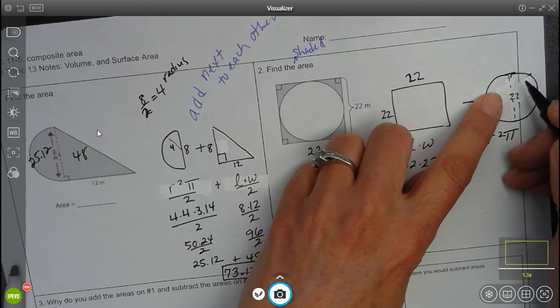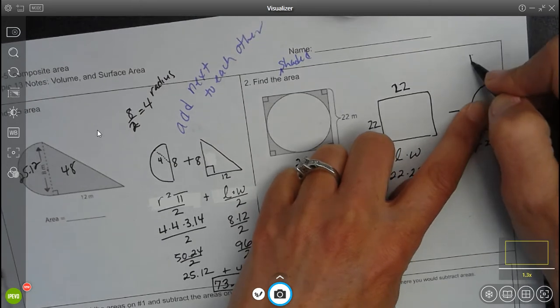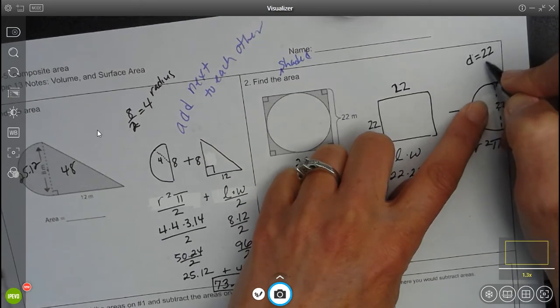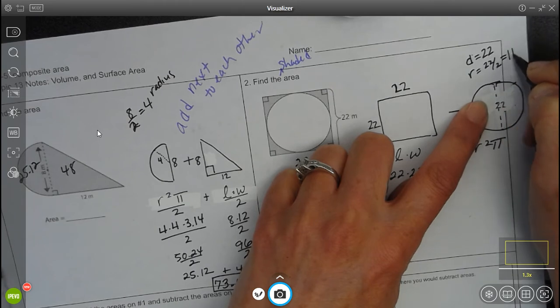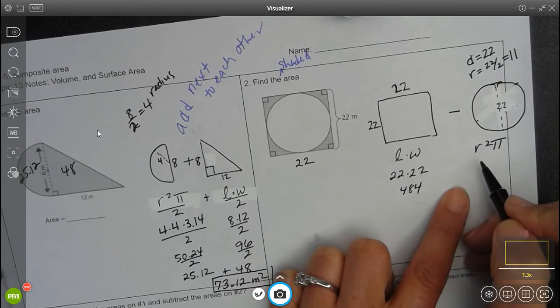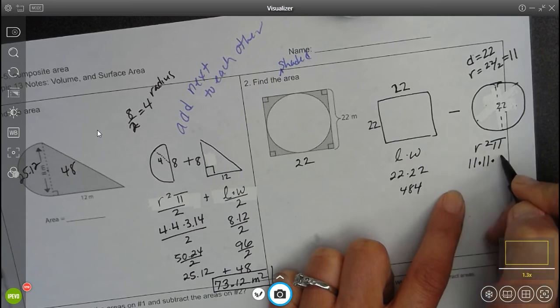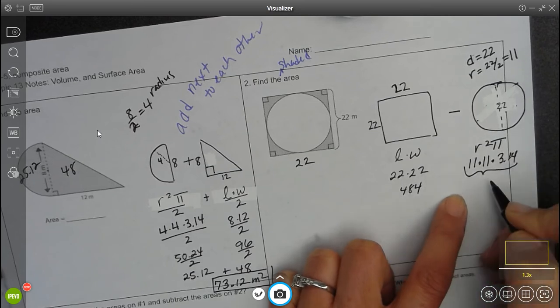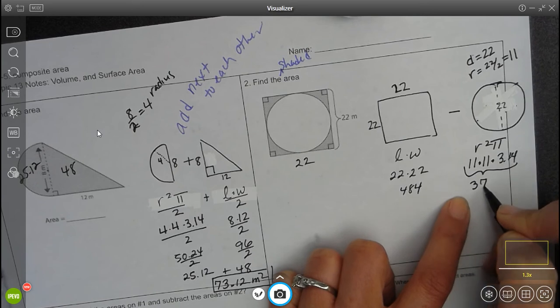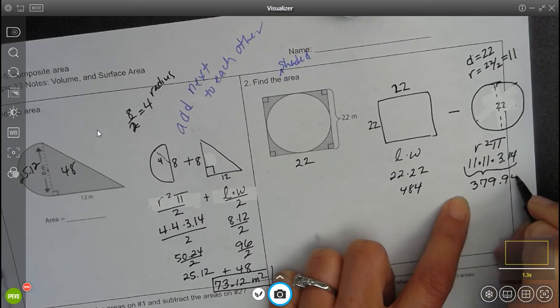Okay, this is a whole circle. So if the diameter is 22, the radius would be half of that, which is 11. I need to use the radius in the rule. 11 times 11 times 3.14. I'm going to multiply all of that out on a calculator, and I did that earlier and I got this number here.